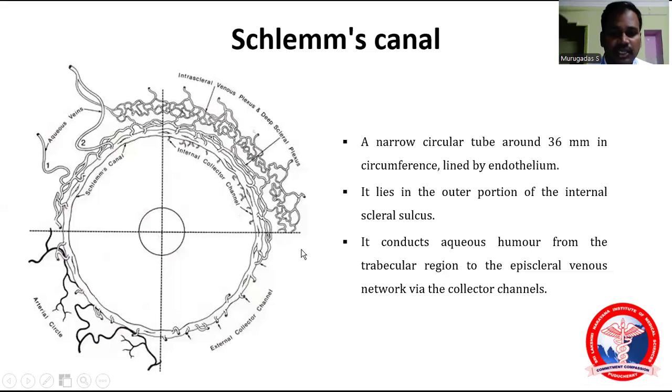It conducts the aqueous humor from the trabecular region to the episcleral venous network via collector channels. Here you can see this is Schlemm's canal, the inner collector channel, and this is the external collector channel.